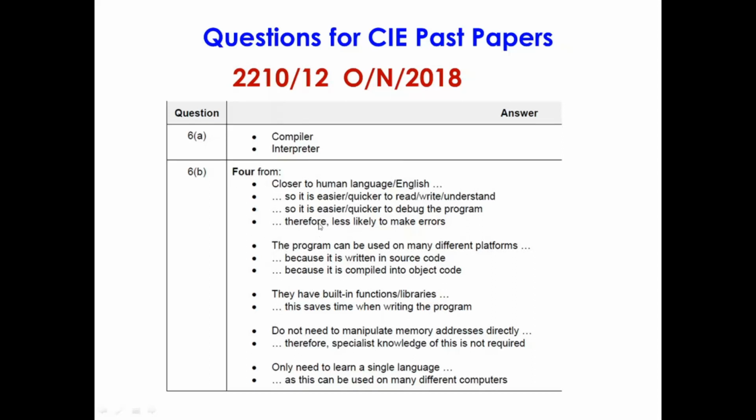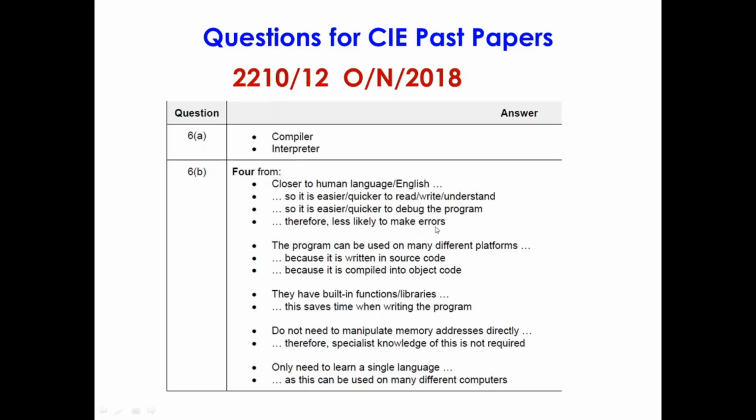Okay, closer to human language or English. So if it is closer to human language, it is easier or quicker to read and write. It is easier or quicker to debug the program, therefore less likely to make errors.